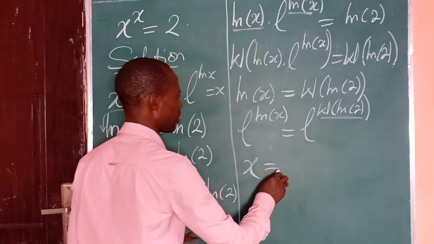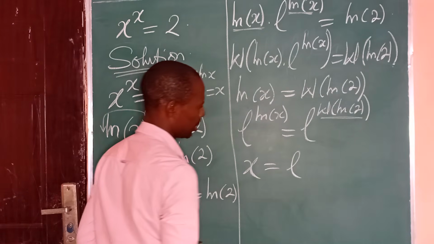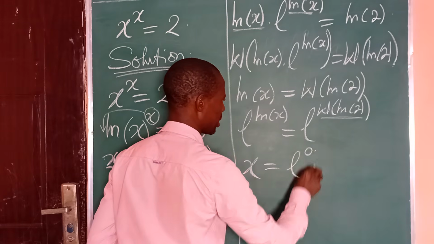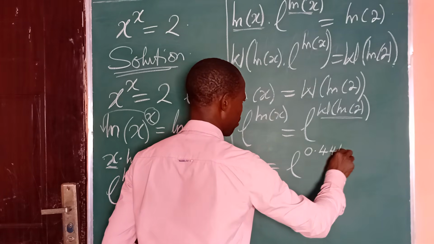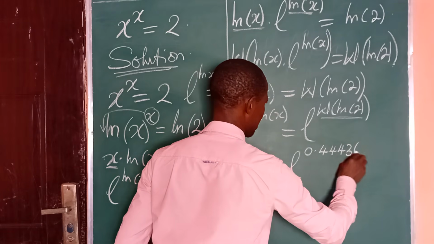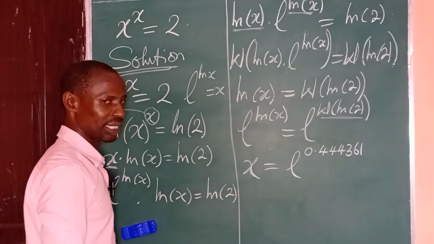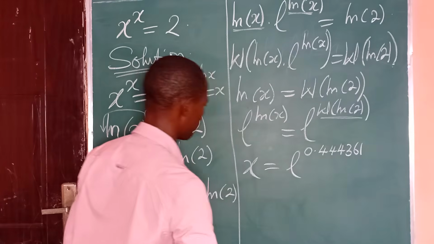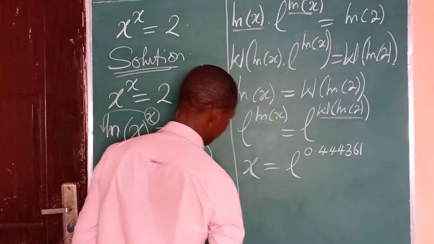That is going to give us 0.444361 approximately. And if you put this in your calculator, e to this is going to give us 1.55 something.